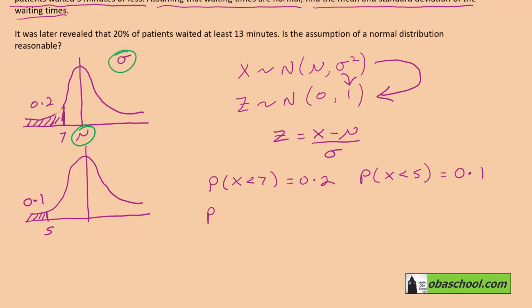I can change these into the standard normal by saying the probability that z is less than 7 take away mu divided by sigma. So I use this to change that into a standardized normal value. Probability, of course, doesn't change. And we'll do the same thing here.